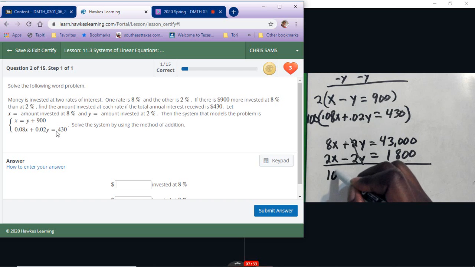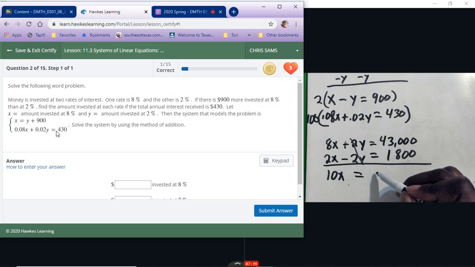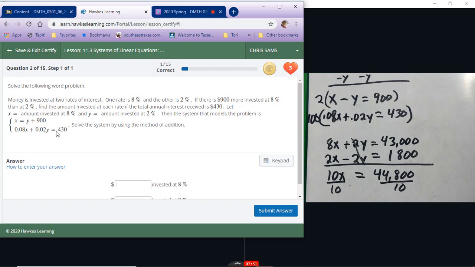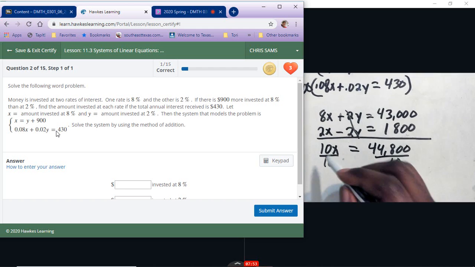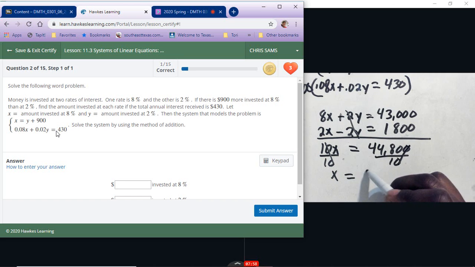We end up with 10x equals, and we just add these together, and we will get 44,800. And then to solve for x, we divide by 10. Okay. And then dividing by 10 will leave us with x equals 4,480. Okay, so this is what x is.